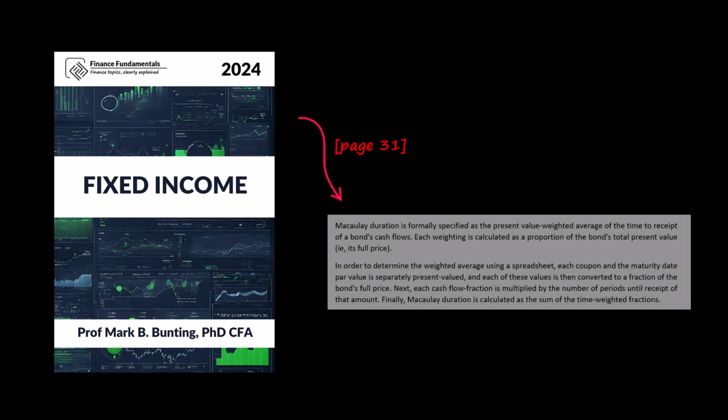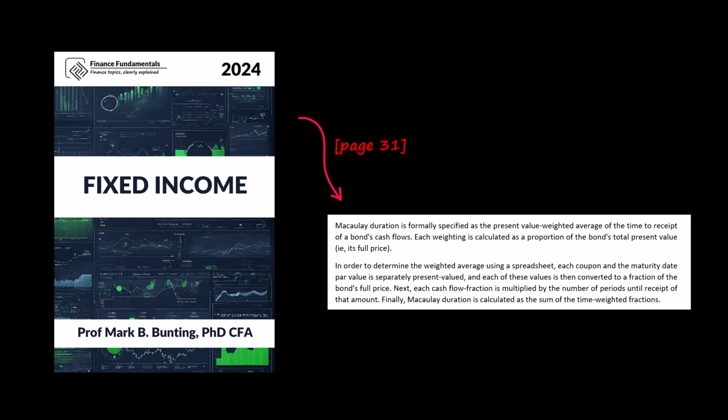Let's take a step back and use a method grounded in the formal definition of Macaulay duration, which is that it is the present value weighted average of the time to receipt of a bond's cash flows. Each weighting is calculated as a proportion of the bond's price. Now, there's a lot going on under the lid there, but let me break it down for you.